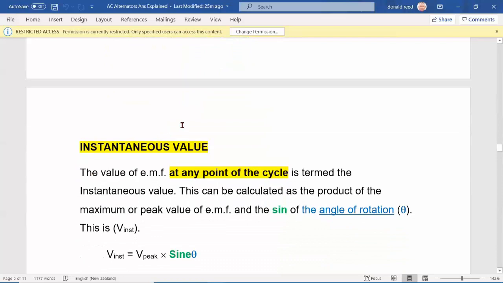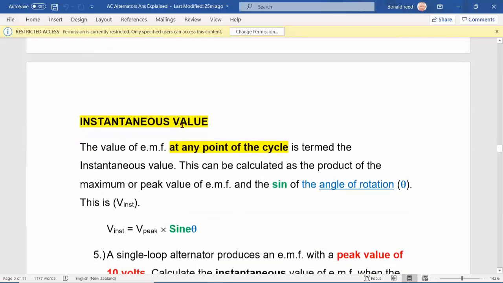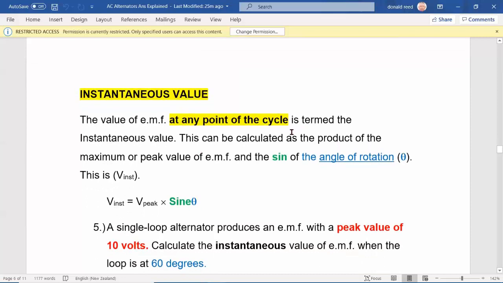Or if you're given the voltage, you can work out the peak or the angle.